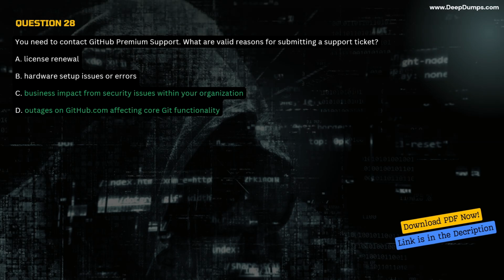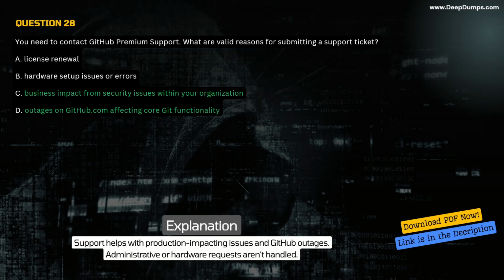Correct answer, C and D. Business impact from security issues within your organization. Outages on GitHub.com affecting core Git functionality. Explanation. Support helps with production impacting issues and GitHub outages. Administrative or hardware requests aren't handled.